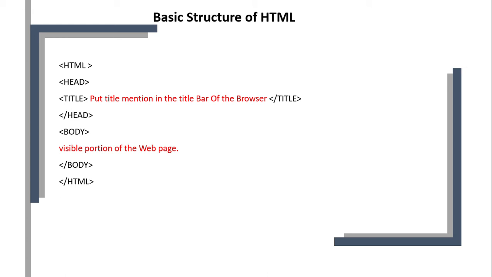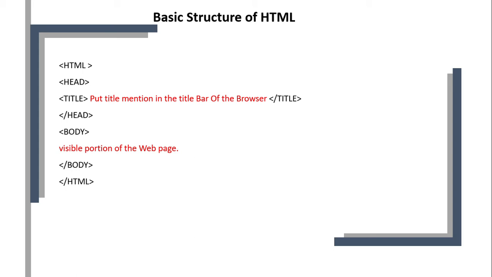Why? Because within it we may use a cascading style sheet, with style commands. All these commands and tags are used inside the head tag. That's why the head tag is very important.